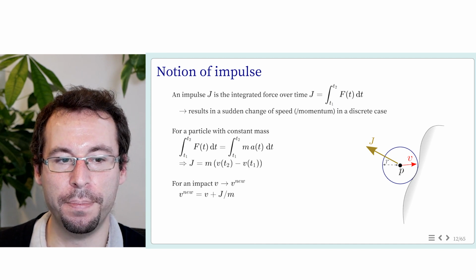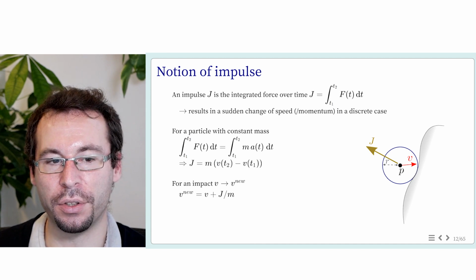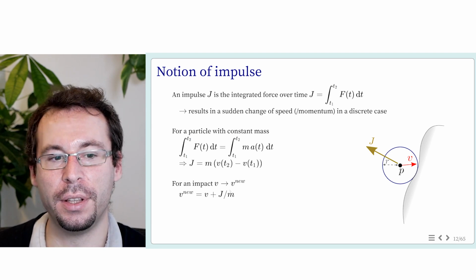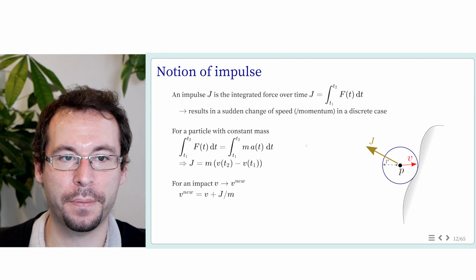And so if I have an impact that changes v toward a new speed, I can say that the new speed is the current speed plus the impulse divided by the mass.